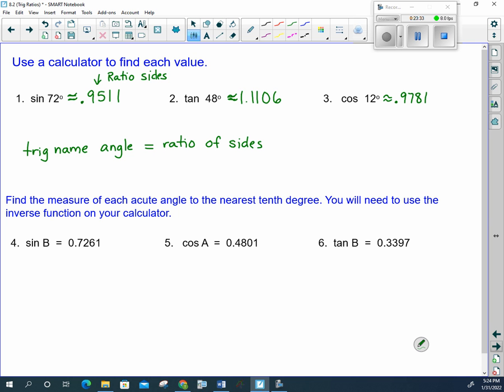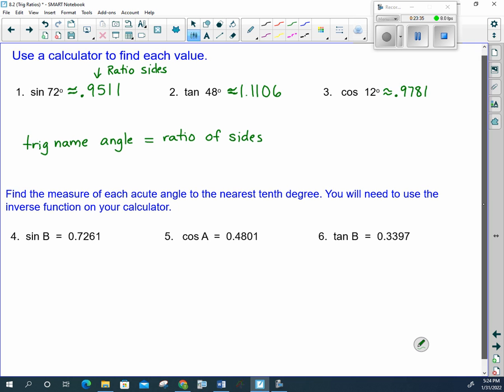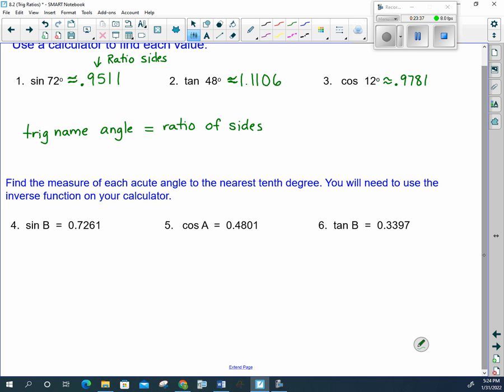Okay, now down below, notice what they give us down below. So down below it says find the measure. So right here, this is the ratio of the sides. This is given. But we're trying to find the angle. So to do that, we're going to do the inverse button on our calculator.